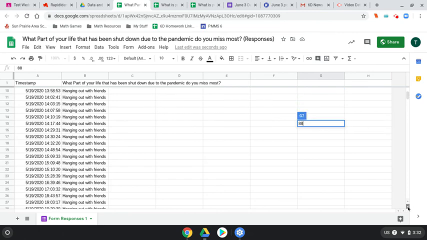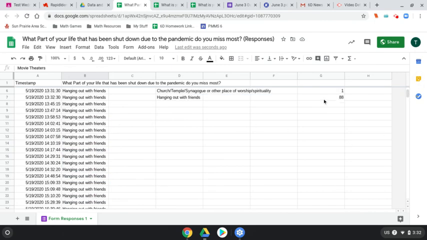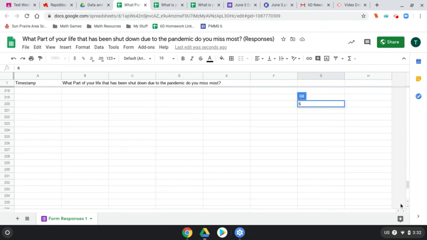Now I can go all the way down to my next category, which is movie theaters. Movie theaters is 92 to 98, so that's 6. Control C that. Bring it back up to the top. Movie theaters is 6. Go down, we got 3 more options.